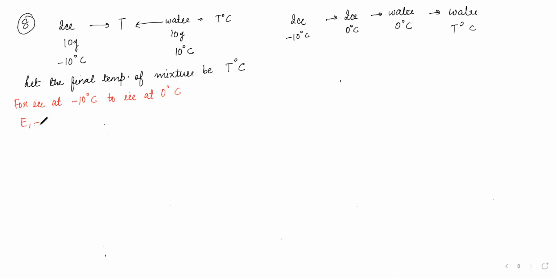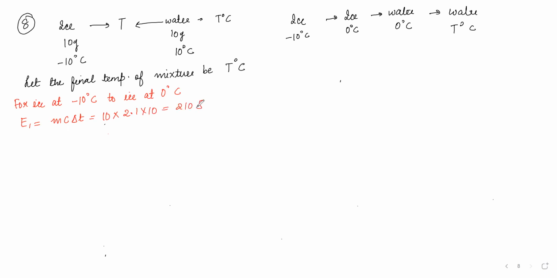E1 will be equal to mc delta T. So m has been given as 10, into the specific heat capacity of ice, 2.1, and the temperature change is 10. So this is equal to 210 joules.